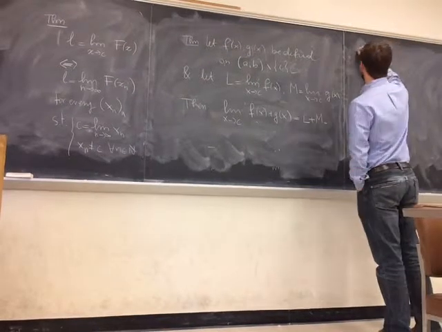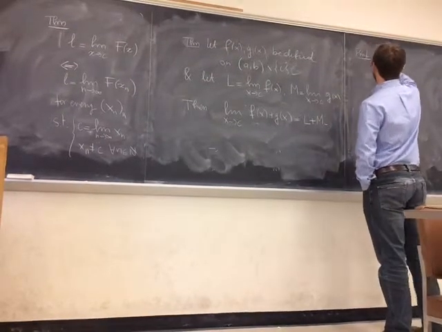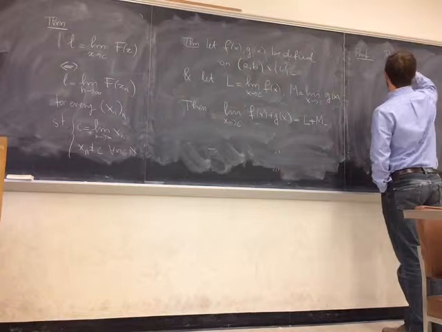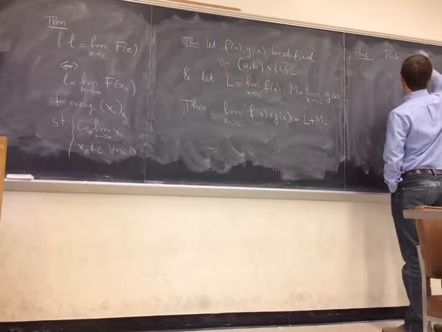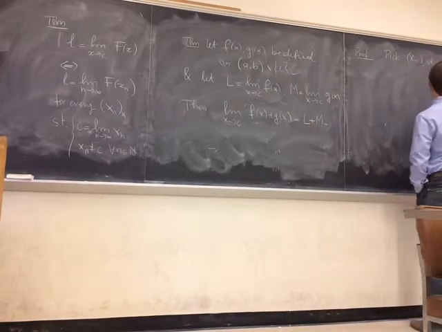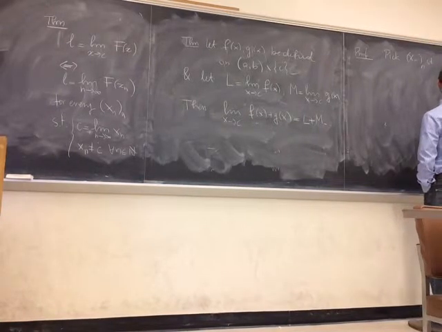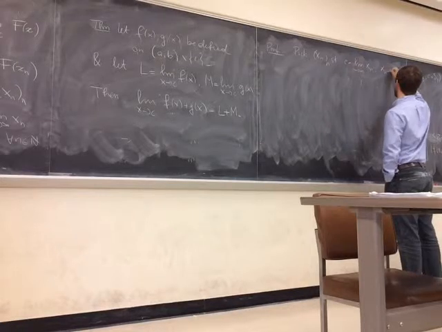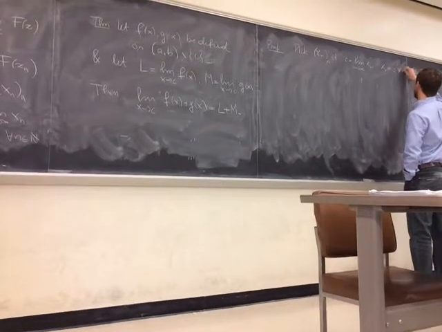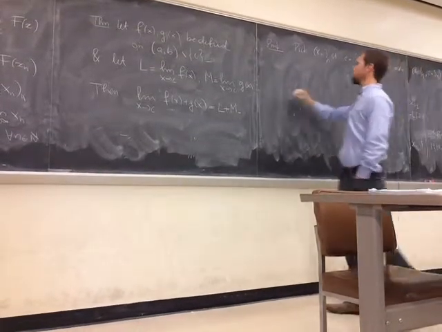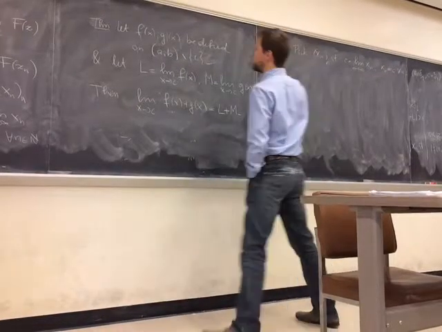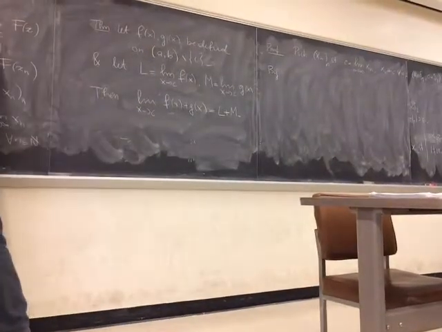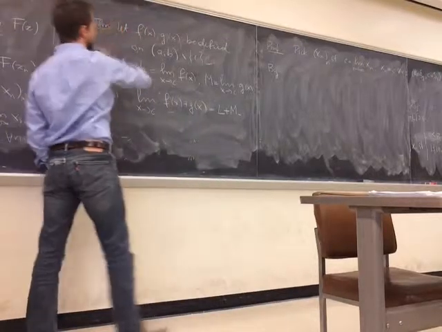So, proof. Pick any sequence xn such that the sequence converges to C, but it's never equal to C. Okay? So let me call this theorem 1, and this is theorem 2, the one we have proved.